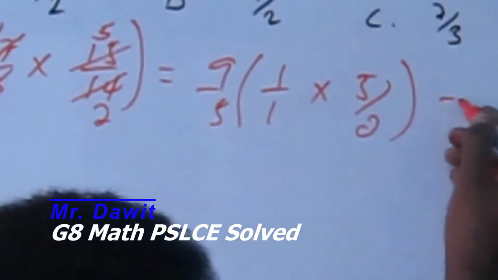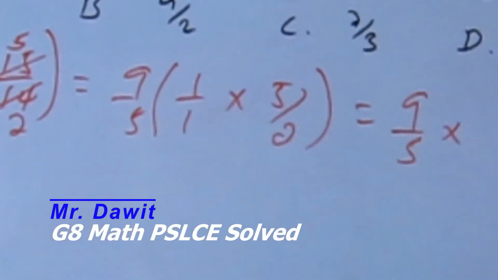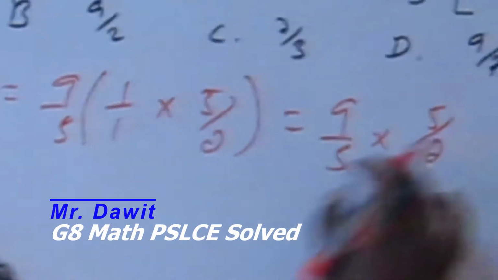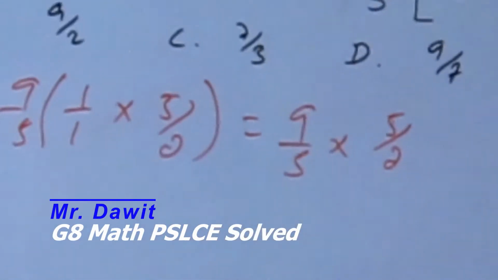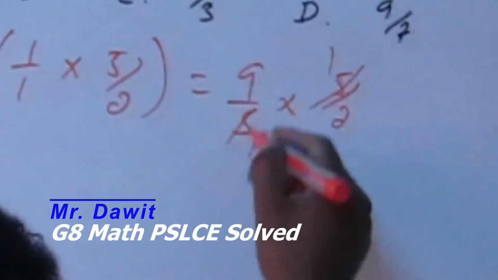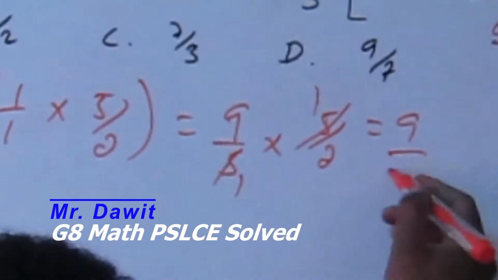Now 1 times 5 is 5, so this becomes 9/5 times 5/2. Again, before we multiply, we can simplify diagonally: 5 by 5 is 1. 9 times 1 is 9, 1 times 2 is 2.